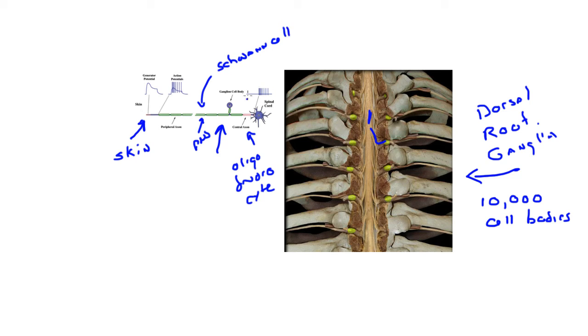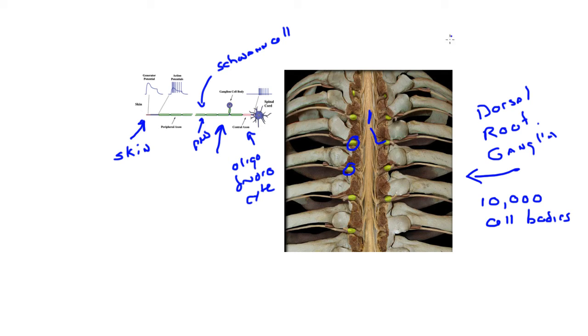All right, so fine. We've got a somatosensory receptor neuron called a dorsal root ganglion cell. It sits along with 9,999 of its neighbors right here in each of these ganglia. That's true. And these guys have an unusual anatomy that I'll get to in another video.